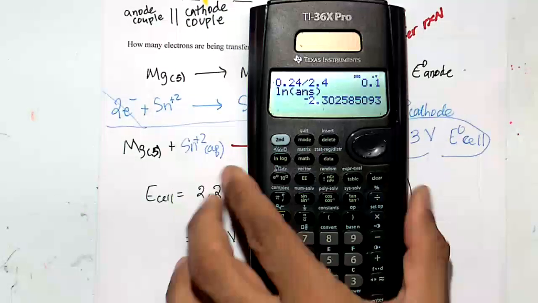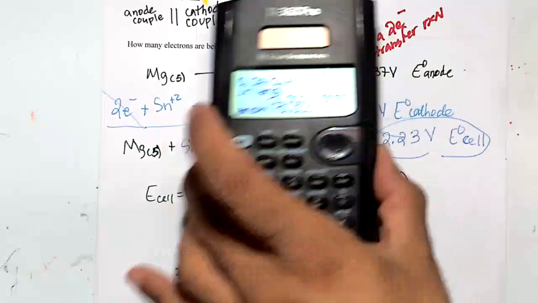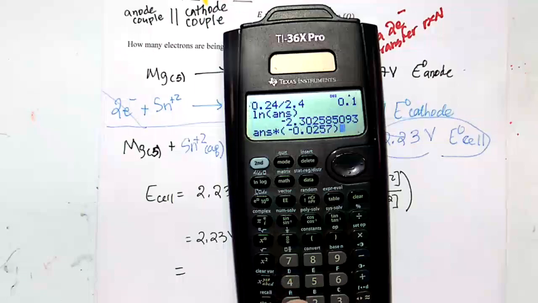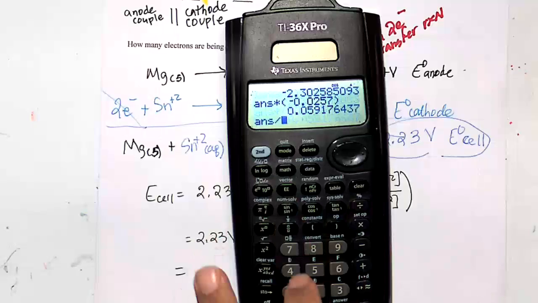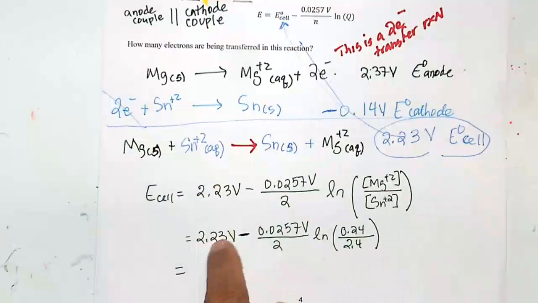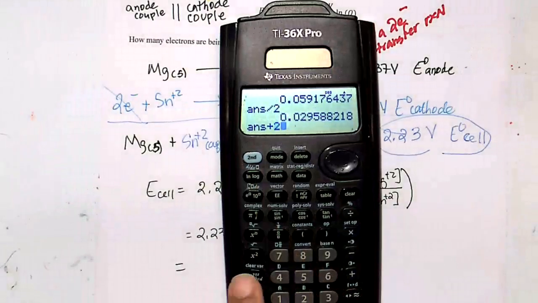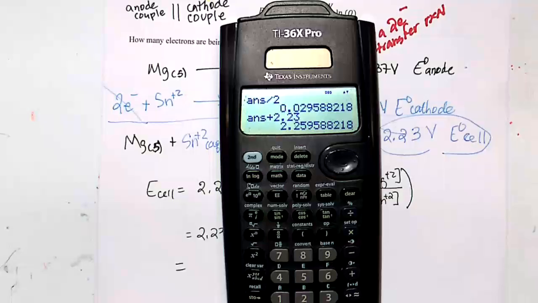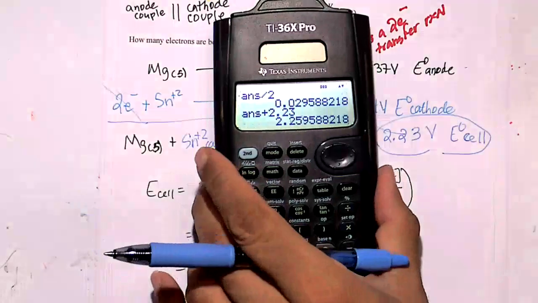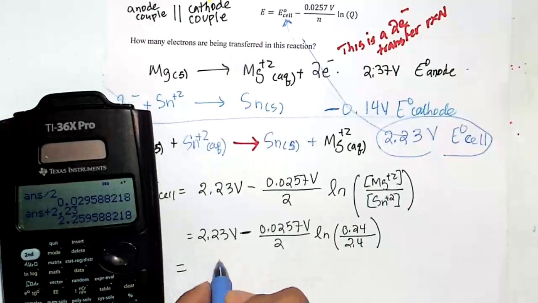Minus 0.0257 times negative 0.0257, divided by 2, plus 2.23, and we get 2.26 volts, which is our answer.